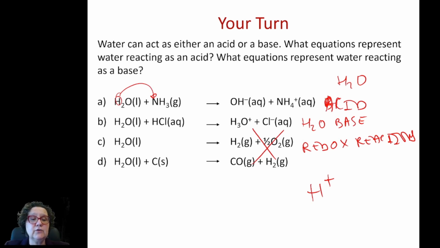In reaction D, you have water reacting with carbon to produce carbon monoxide and hydrogen. Again, there are no ions, no donating or accepting hydrogen ions. So the last two were a trick, and it's something that we'll cover in future videos, which is redox reactions. Only the first two, reactions A and B, are acid-base reactions, so only there can you identify the water as an acid or as a base.